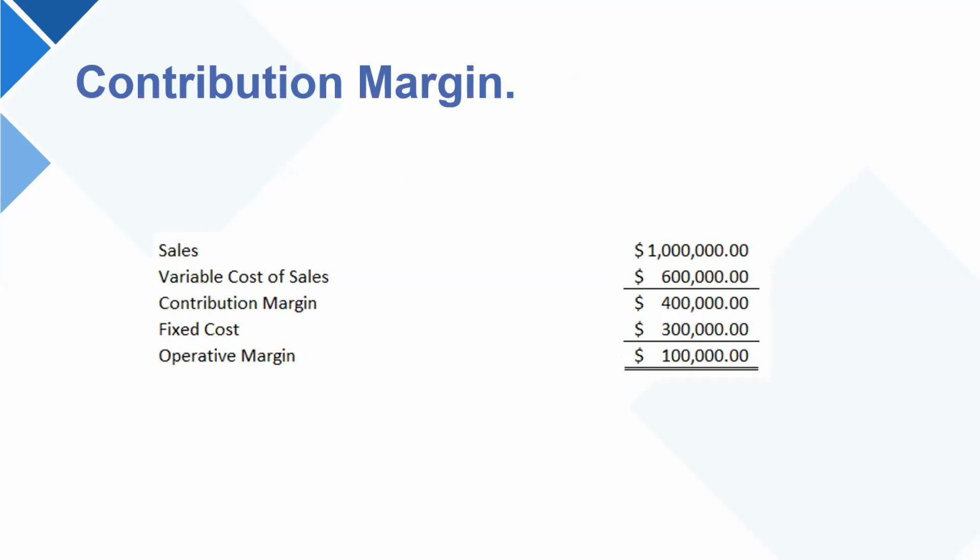So we have the sales, we have the variable cost of sales, and then we have the contribution margin, fixed cost, and operating margin. So which one is the contribution margin? Well, it's actually this one here. We already know that. It's just sales minus variable cost.